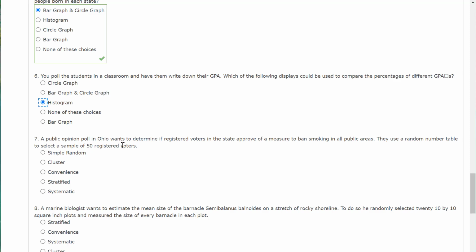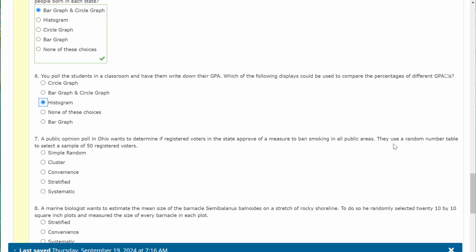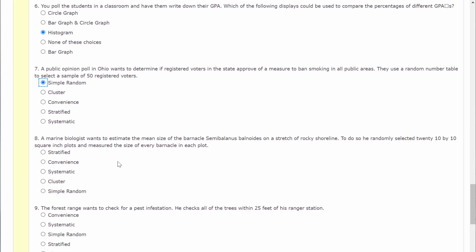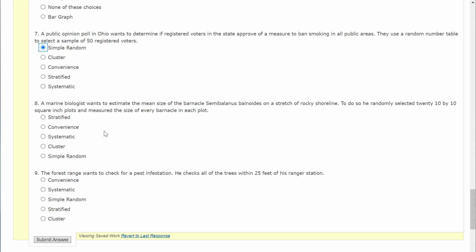A public opinion poll in Ohio wants to determine if registered voters in the state approve of a measure banning smoking in all public areas. They use a random number table to select a sample of 50 registered voters. That's always this, if they use a random number table, and that's pretty much it. It's a simple random sample. A marine biologist wants to estimate the mean size of the barnacle.